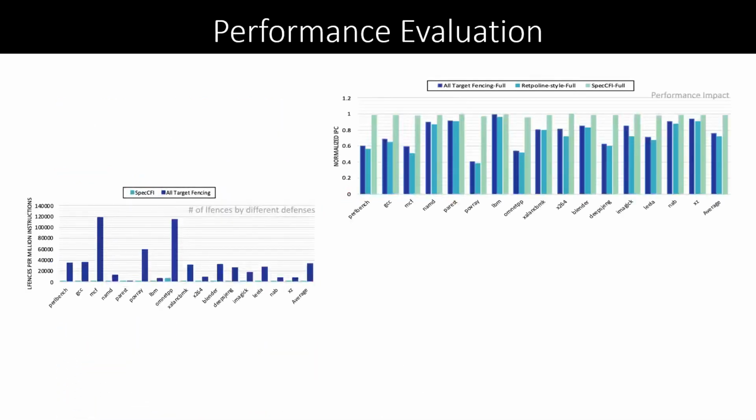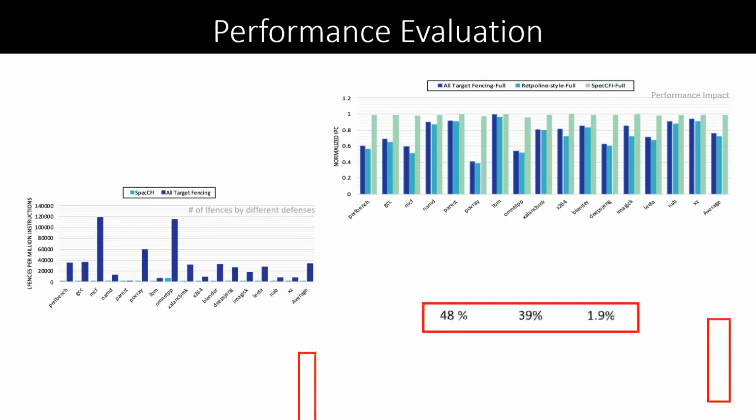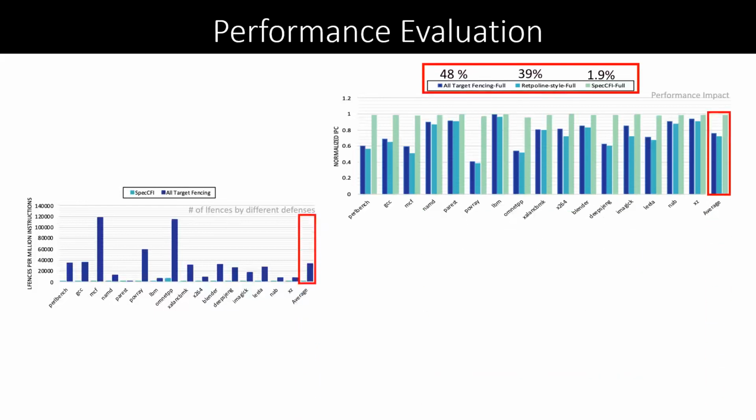As you can see, inserting a serializing instruction like lfence at the target of every indirect branch is expensive, causing a performance overhead of 39% and 48% on average for all-target fencing and Retpoline style. Using SPECCFI, we only insert lfences when the CFI check fails.